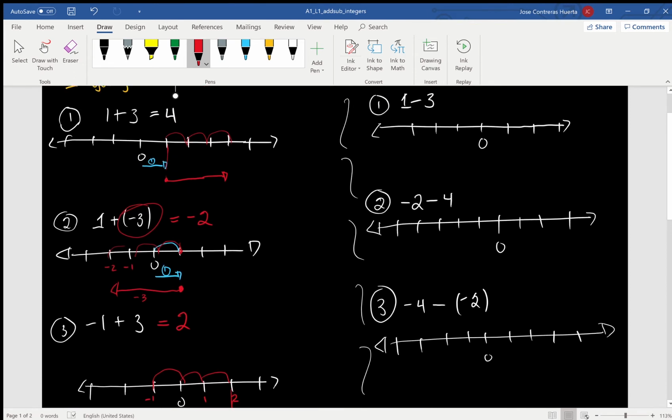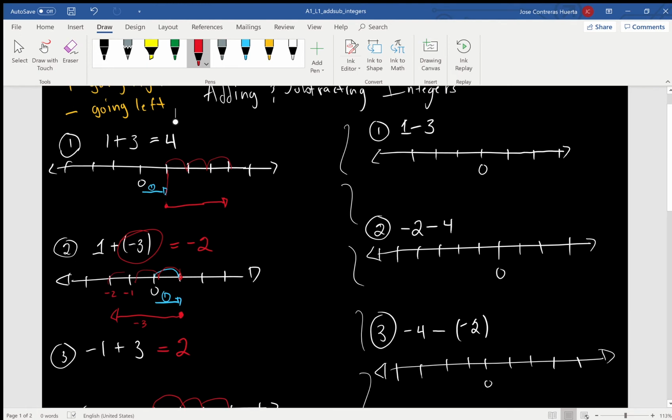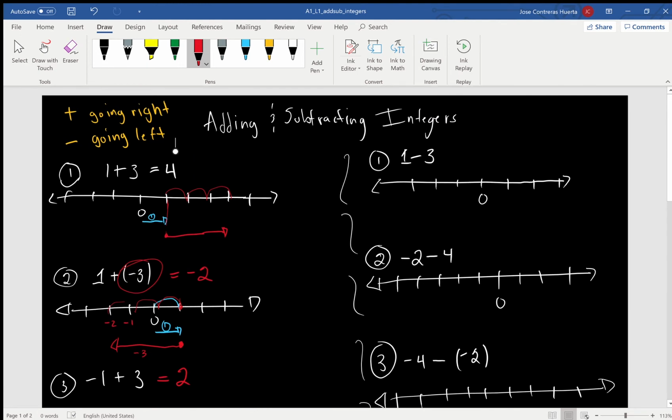Now, what happens when you have subtraction? Let's look at this example. For number 1, you have 1 minus 3. Another way that you could say 1 minus 3 is making it 1 plus negative 3, because in a way, what negative means is the opposite.